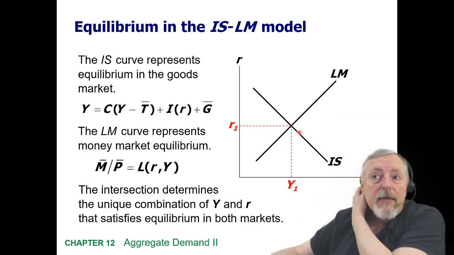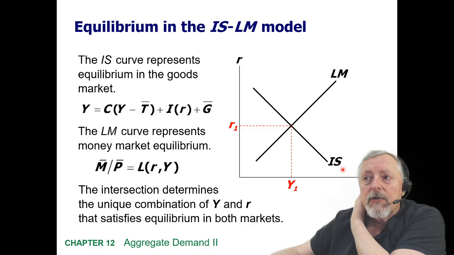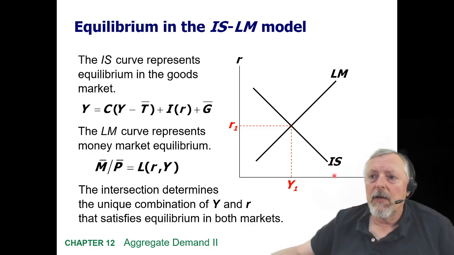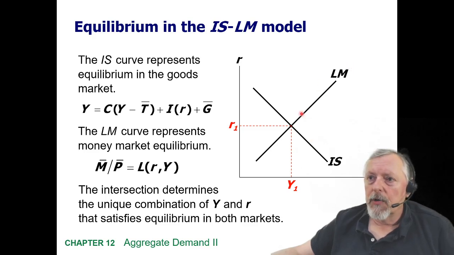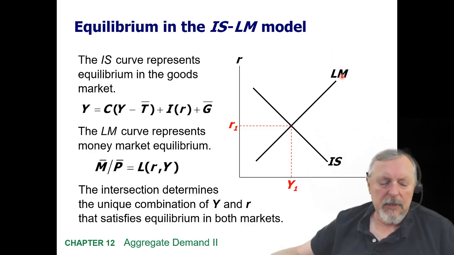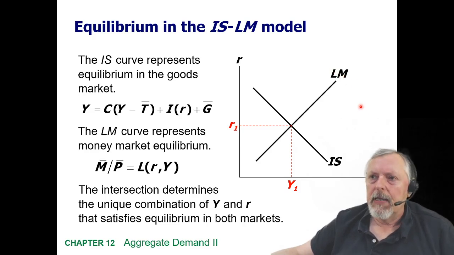All right. The IS curve here shows all the combinations of output and interest rate that allow the goods market to be in equilibrium. The LM curve shows all the combinations of output and interest rate that allow the money market, liquidity money, to be in equilibrium. The market for cash. LM, liquidity money.